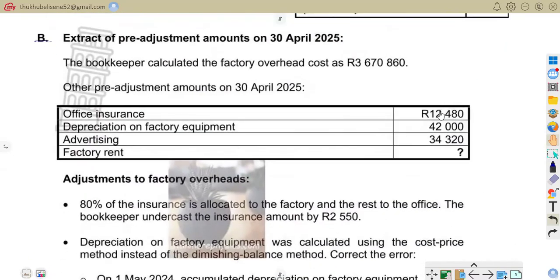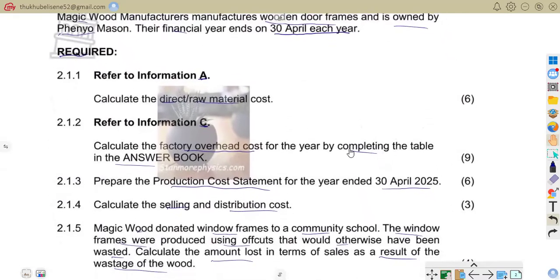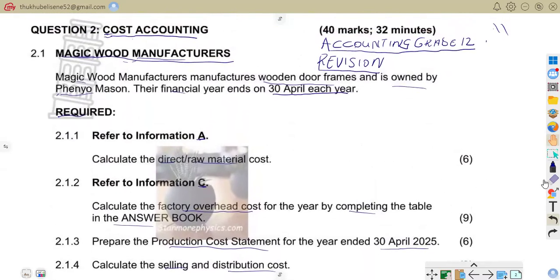So without wasting much time, let us start from the first question and then try to treat it. The first one, you remember, we were asked to do what? To calculate the direct material cost. That is where we are, good people. Direct material cost.